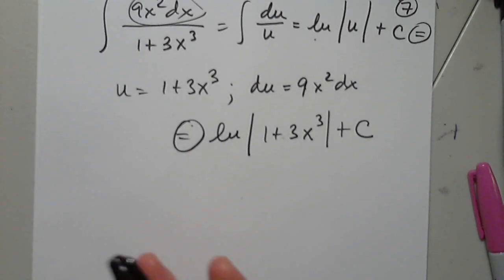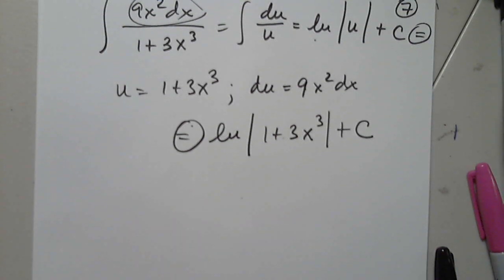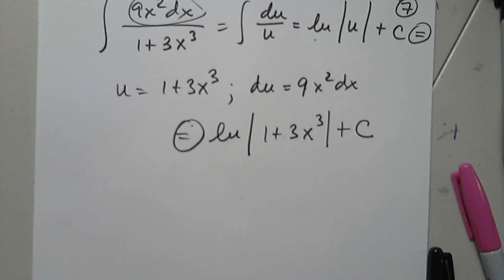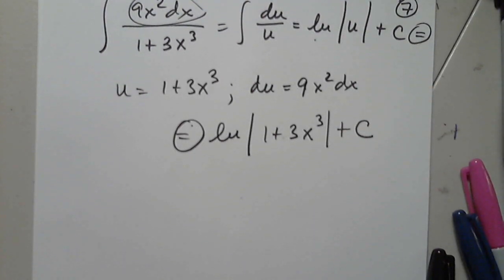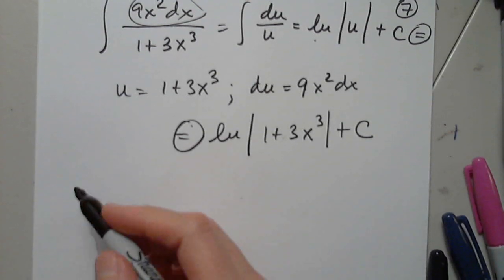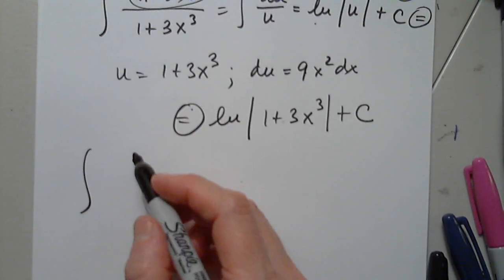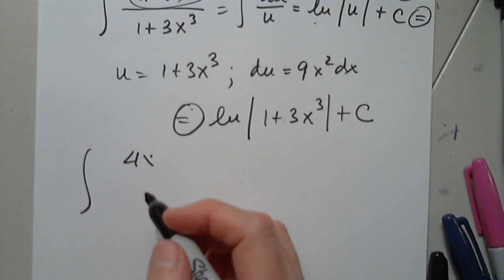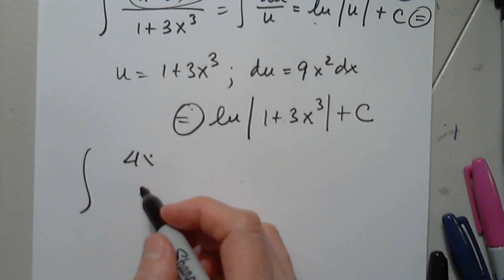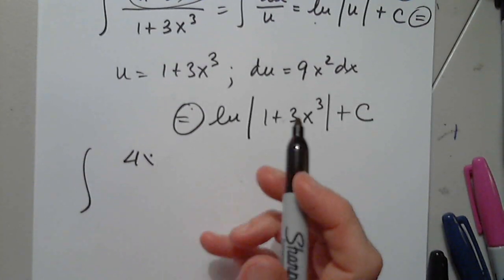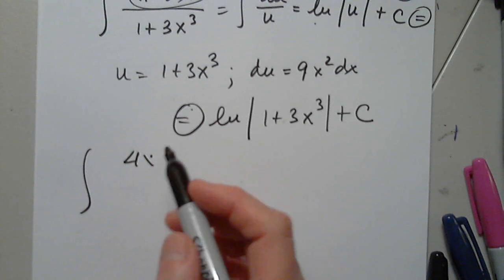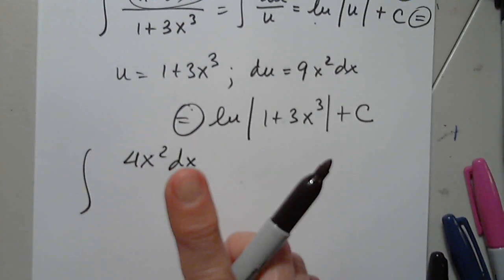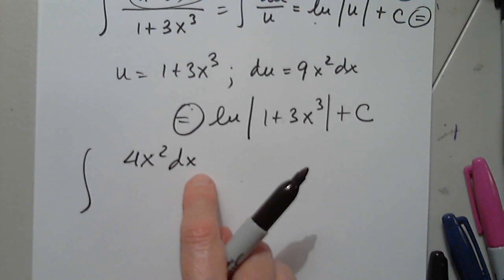That's okay. I mean, you can make up another integral if you want to, please do. Okay, so what if it was like this, but instead of 3x to the third, if it was 4x to the third? So what do you have at the top then? Okay, at the top, let's use 4x squared dx.